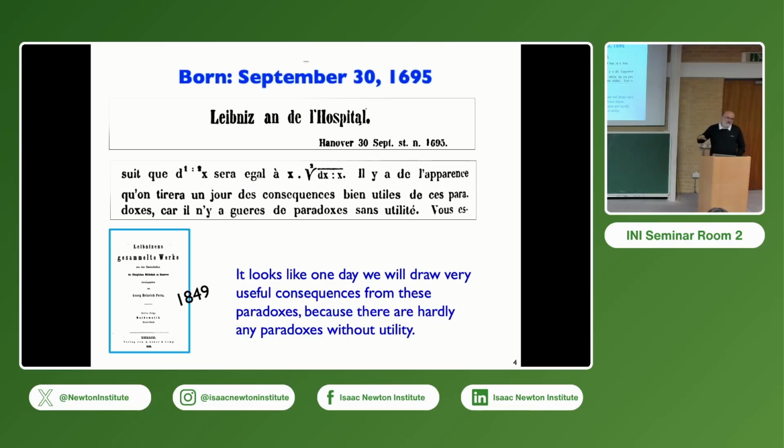I like using pieces of history, so this is one of them. The exact date of that correspondence, that reply of Leibniz to L'Hopital, was September 13, 1695. Later, this correspondence, it was handwritten correspondence, was published in the collection of Leibniz works in 1849, and this is how it looked with the exact quotation.